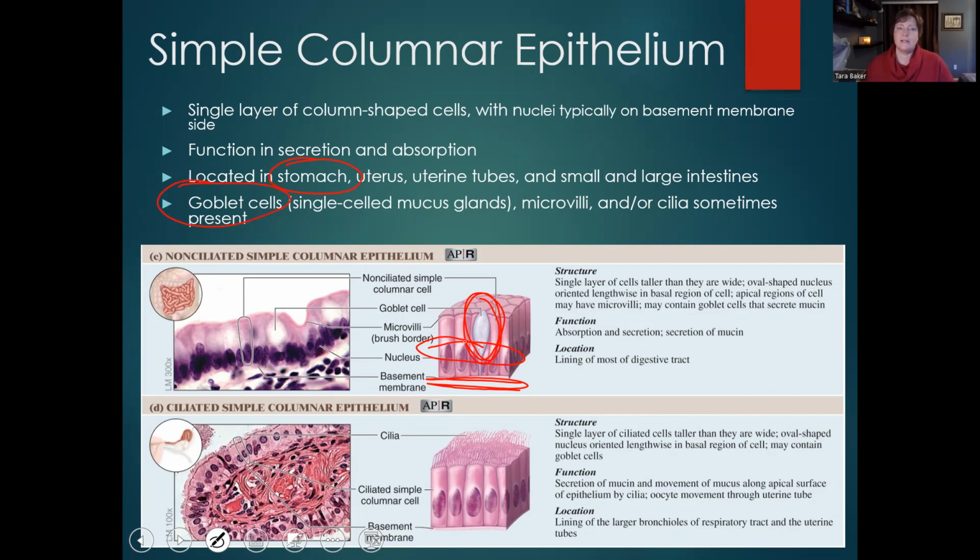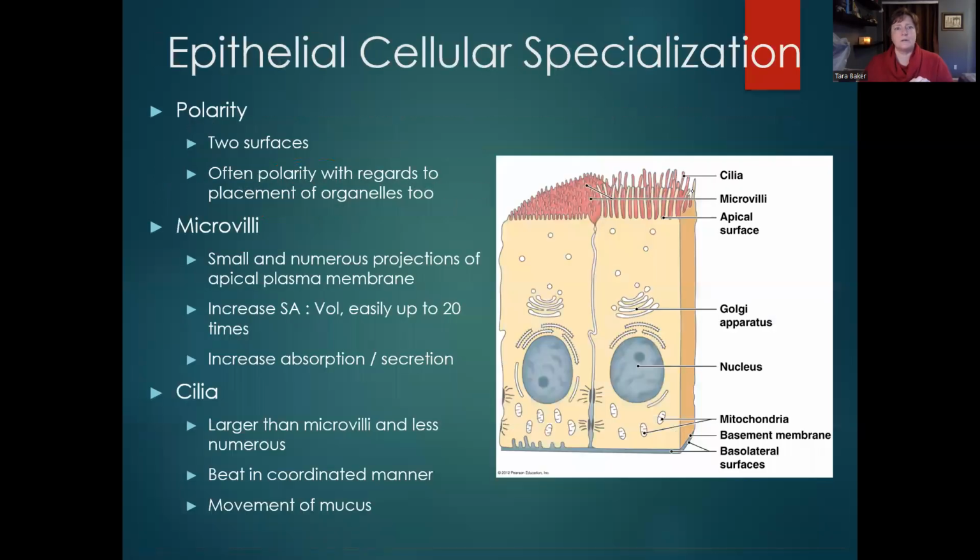Another thing that we often see on simple columnar epithelia are microvilli and cilia. Microvilli are bumps on top of a cell. Microvilli are on the left of this picture, and cilia are on the right.